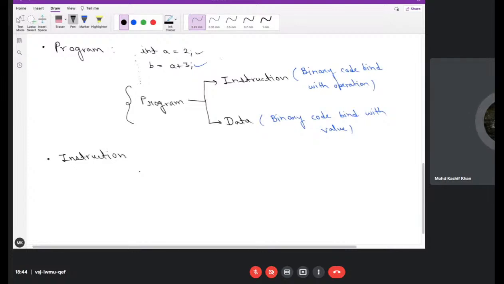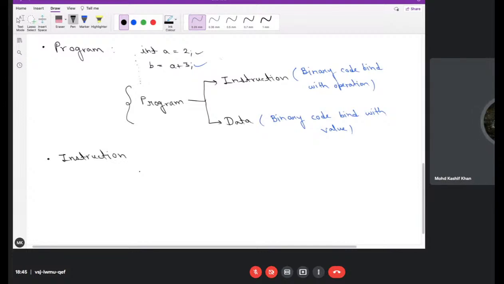Now write about the instruction. It is a binary sequence which is designed inside the processor to perform some task, right?